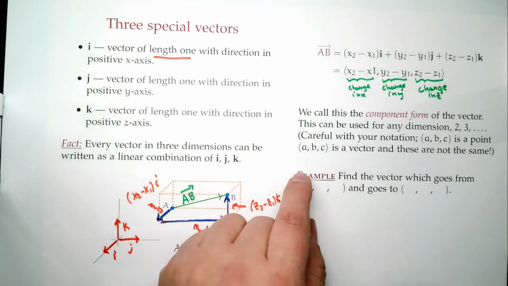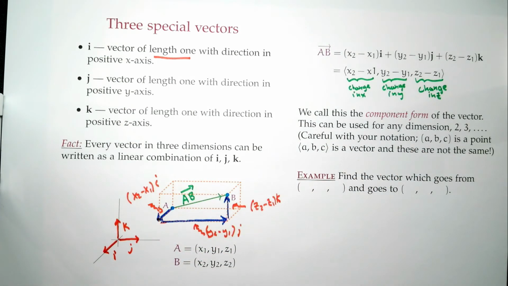They're not the same thing. A point refers to a particular position in space. A vector talks about a change. Now that being said, we're going to have a lecture coming up in about a week where we do a very fancy thing where we change our round parentheses for points to pointy vector things. But be careful, don't confuse them. They're different types of objects, and so they don't behave the same way.